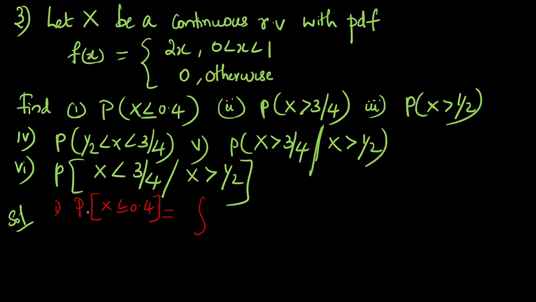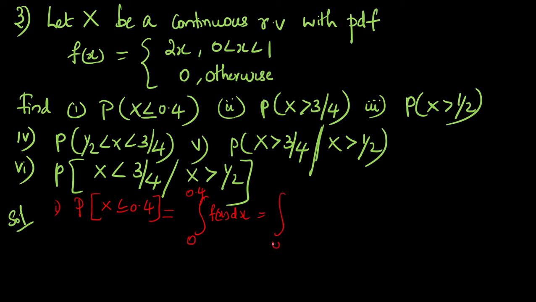Since x is less than or equal to 0.4, we can update the limits as integral minus infinity to 0.4, and x ranges between 0 and 1. Therefore, the starting limit is 0, 0 to 0.4. Finally, the limits of the integral have changed to integral 0 to 0.4 f of x dx.